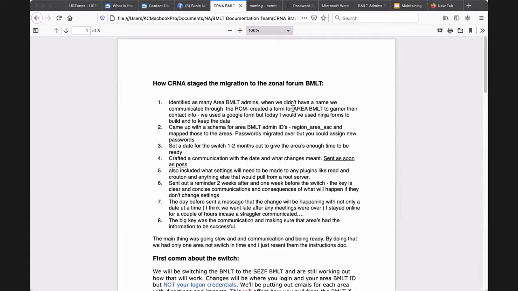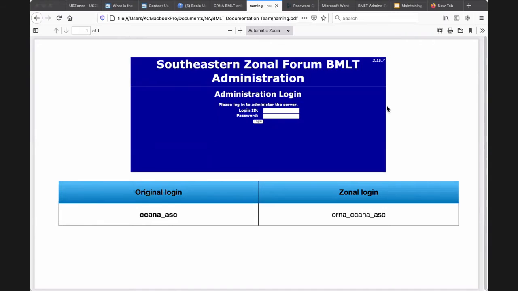We came up with a really neat way of dealing with that, and I worked with our admin. The original login was just the area acronym _ ASC. What we did is we appended the acronym for our region to that, so there would be a distinction between the two different regions.